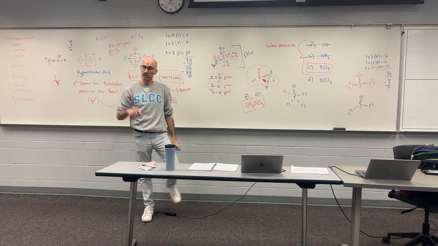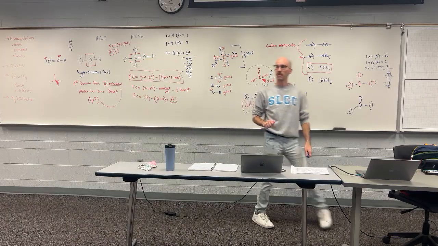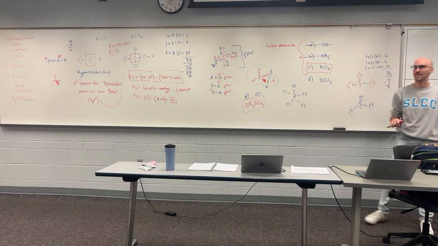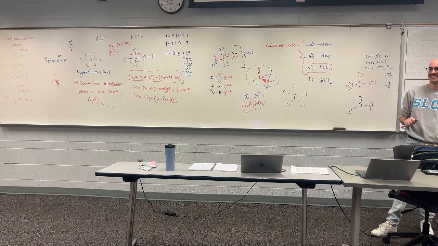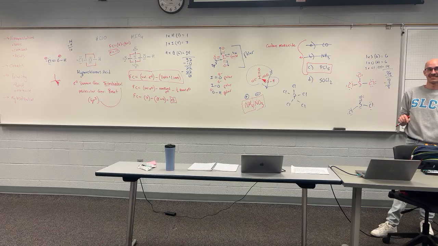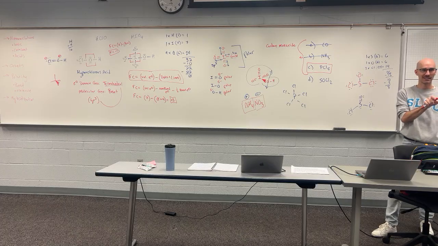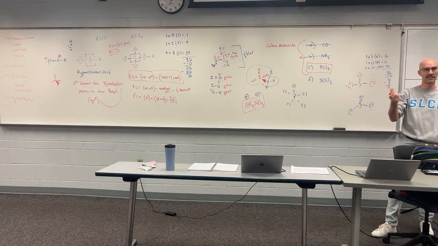All right, you want to give me NH3? Anybody want to try? Not trioxide. It would be nitrogen trihydride, because we drop the suffix of the element and we replace it with IDE.